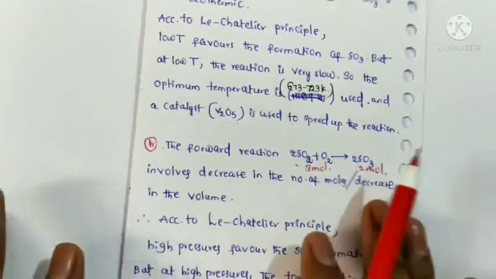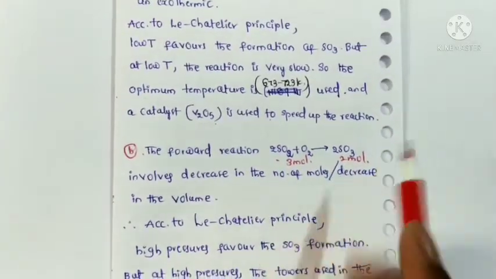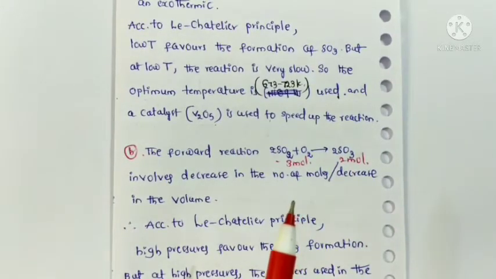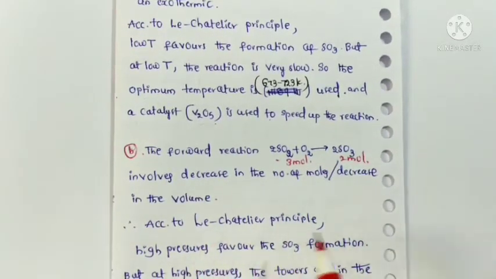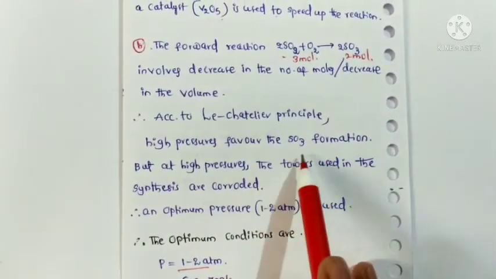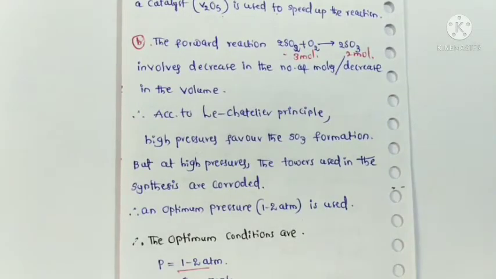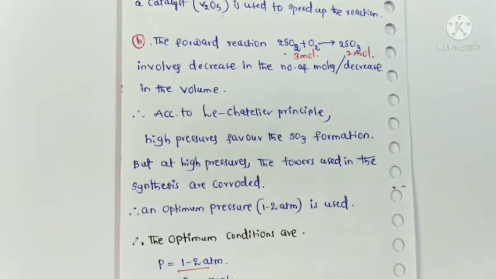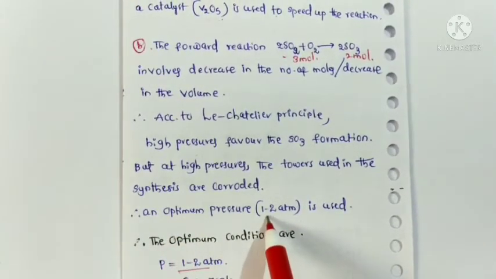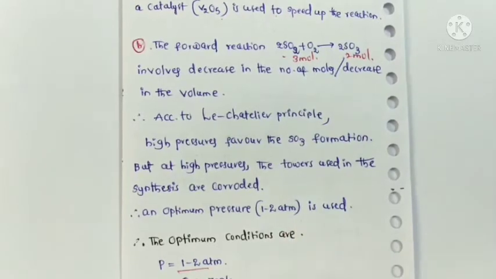That is, increasing pressure is a favorable condition for the production of sulfur trioxide according to Le Chatelier's principle. High pressures favor the formation of sulfur trioxide, but at high pressure the towers used in the synthesis are corroded. That's why optimum pressures are determined using Le Chatelier's principle. Which optimum pressure? 1 to 2 atmospheres is used.